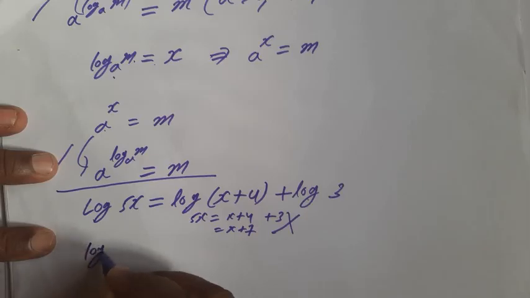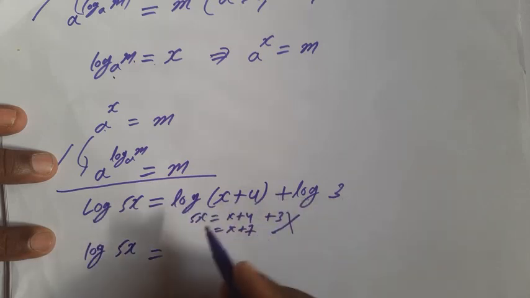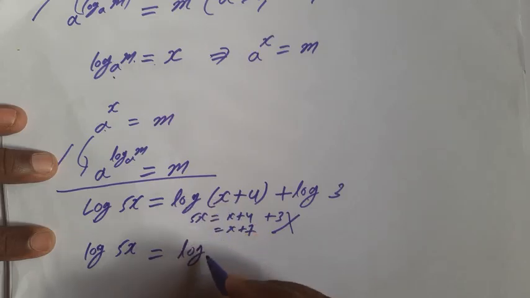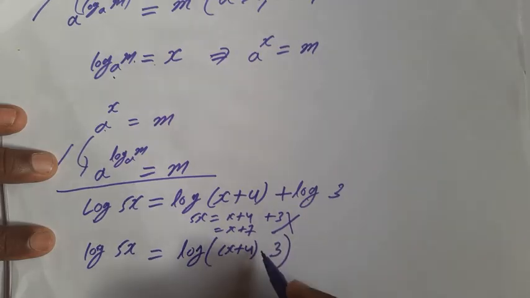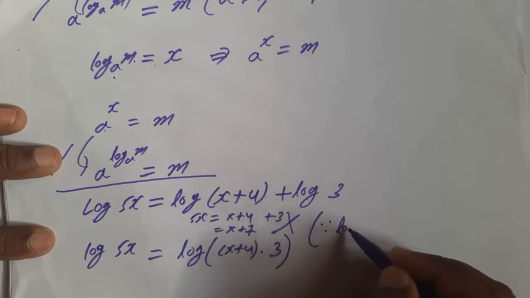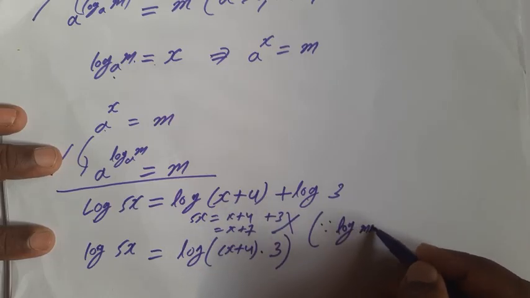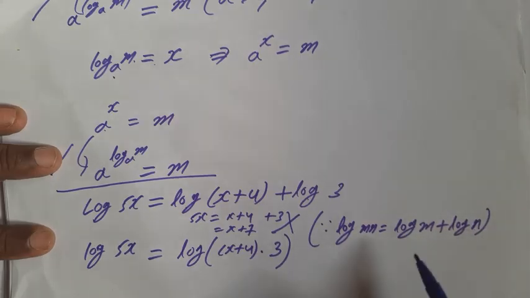Here, log 5x as it is equals log m plus log n, this means log of (x plus 4) into 3. Log mn equals log m plus log n. For reference, I wrote it here. So this is the formula which we have used here.